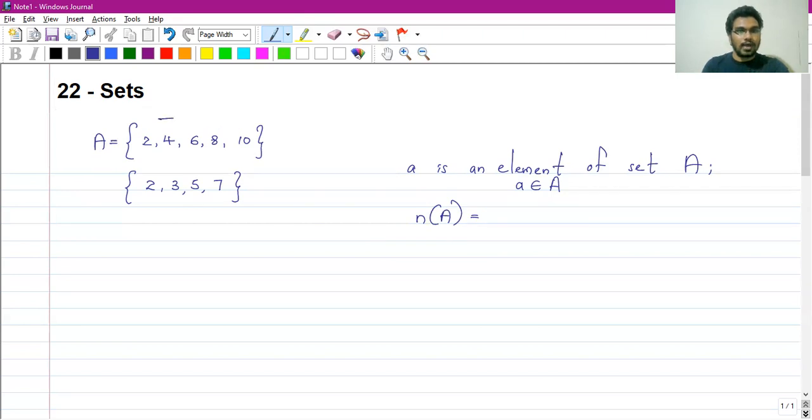There are 5 elements in this set A, so n(A) is equal to 5. This is a small introduction to what you have learned in previous grades.